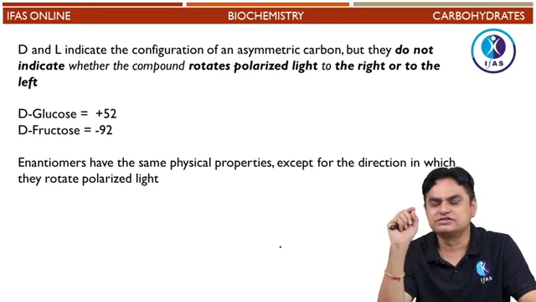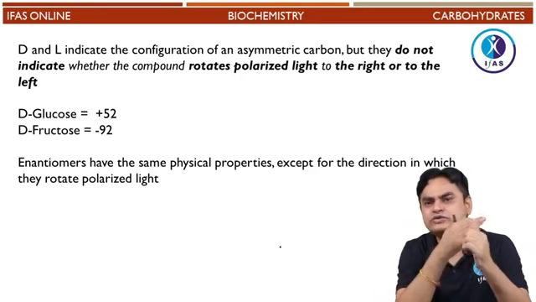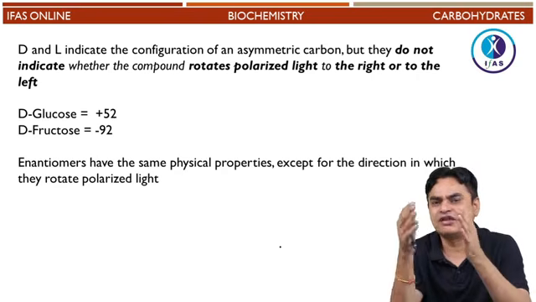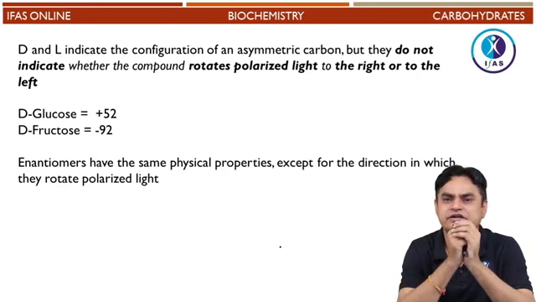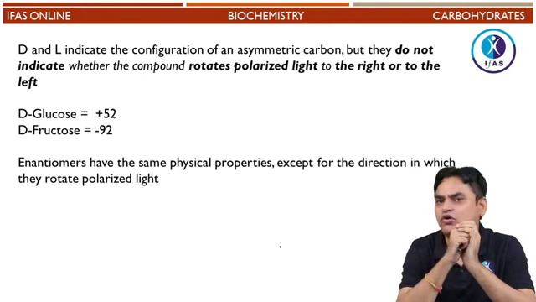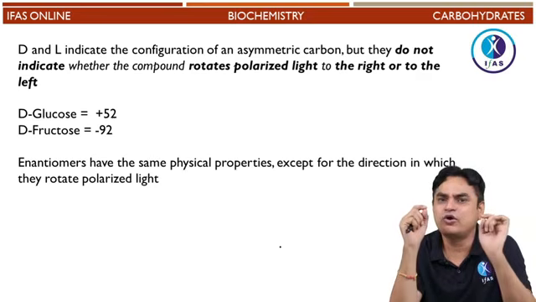Now, my dear friends, as I have already mentioned, D-glucose and L-glucose doesn't mean that they are dextrorotatory or levorotatory. D or L form, they represent an absolute configuration. They do not provide you any idea about optical rotation.